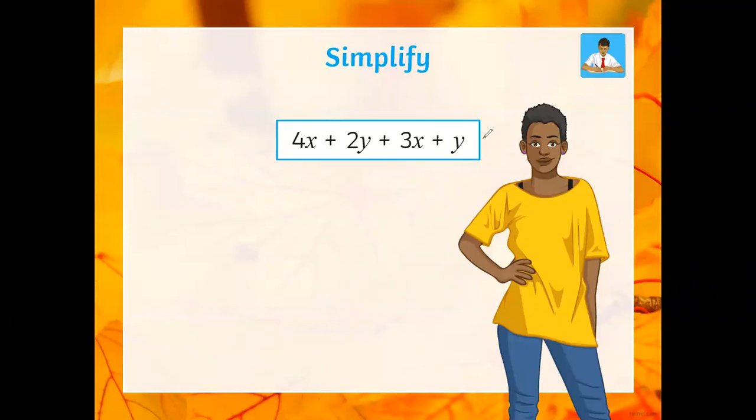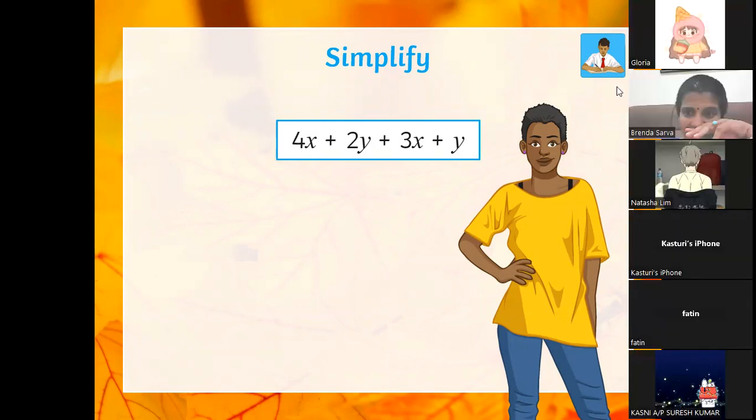Very good. Danya and Fatin, you have given me the answers. How about Natasha and Gloria? Did you get the answer? And Kasni, hi. Try to chat your answers, girls. 7x plus 3y. That's what you should have got.